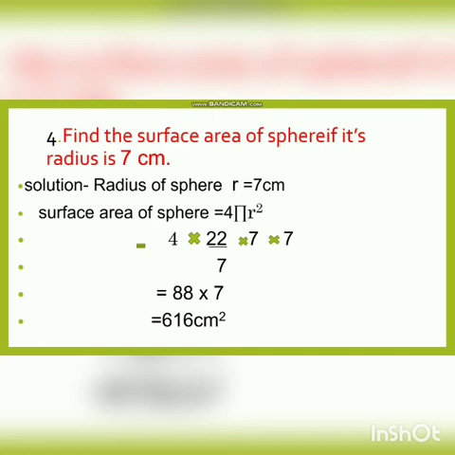So in this lesson, first you have to revise the formulas of the cube, cuboid, cylinder, cone and sphere, the surface area formulas and volume formulas of all these three-dimensional figures. Then you can solve all practice exercise examples using these formulas. Thank you.